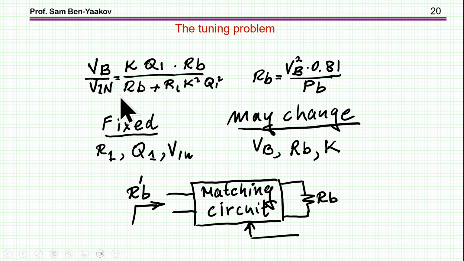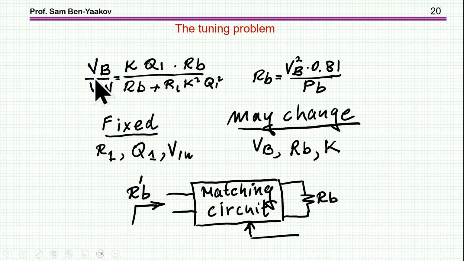Well, there have been numerous papers published on this subject, and they're coming up every year, every month, more and more, because this is a really sore point. There are many approaches. One of the popular approaches is using a matching circuit. The idea is the following. Suppose the coupling coefficient has changed, okay?